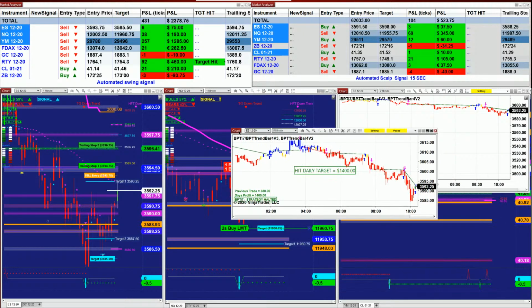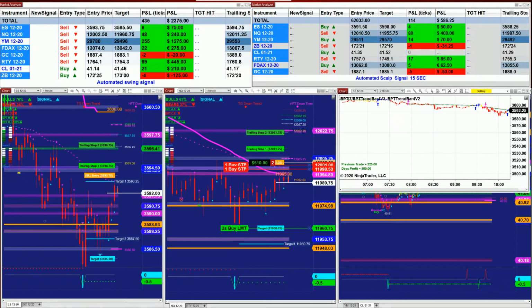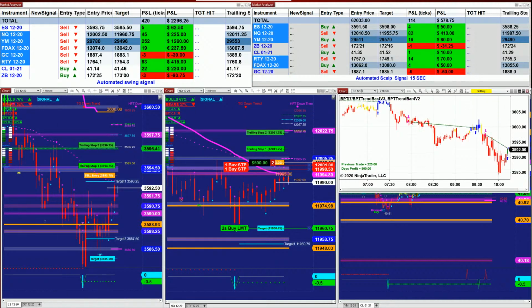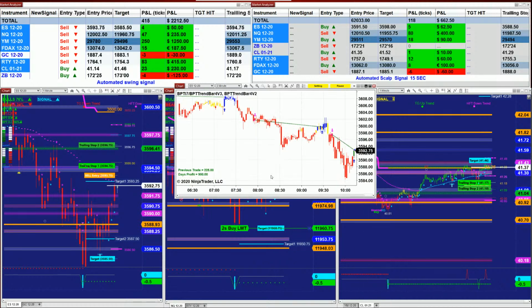Okay, on the ES we closed 5 minutes on a 1400, and right now this is something I wanted to cover. On that 2 minutes, you can see how much you got in the bottom left corner here. Those are real numbers. It's not an imaginary number like some other people use on a Renko bar or something.